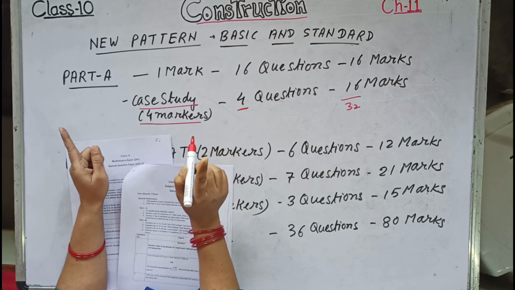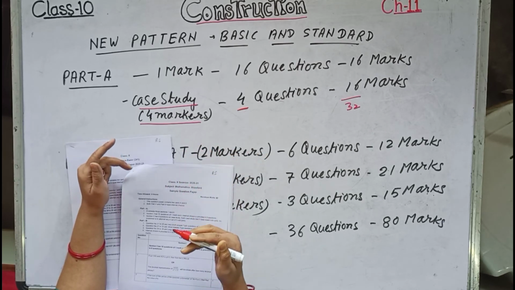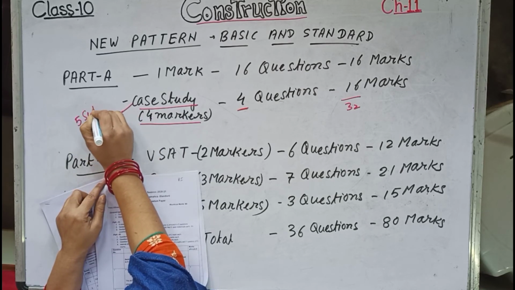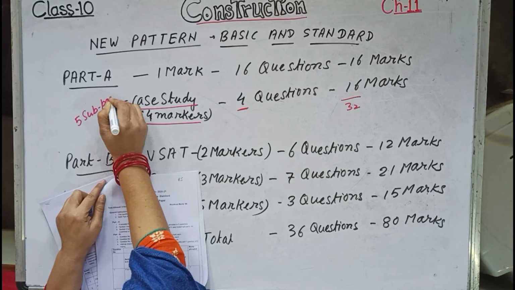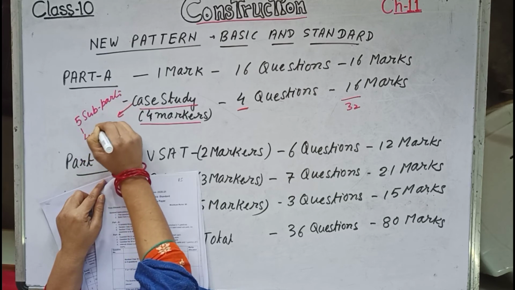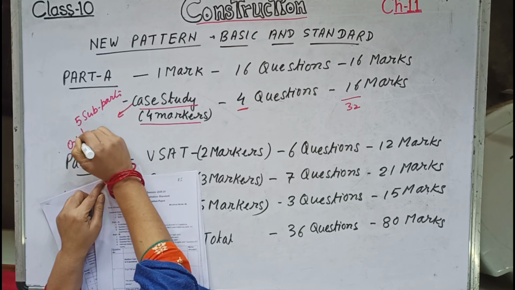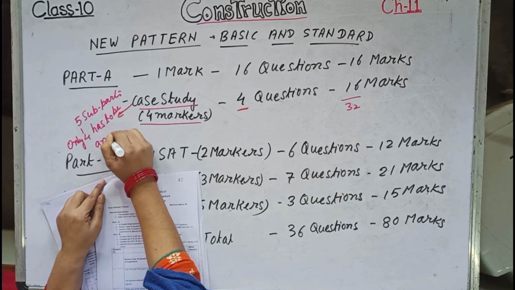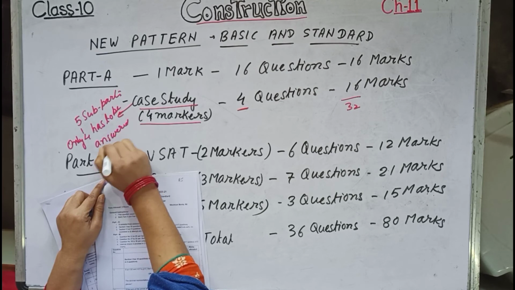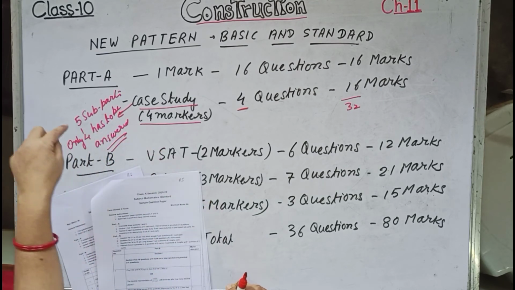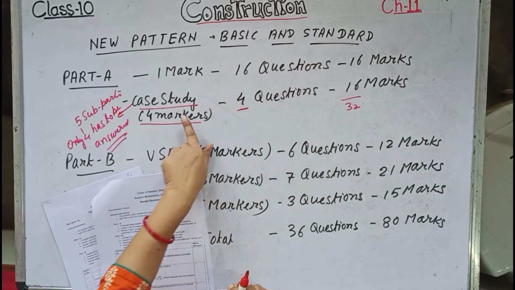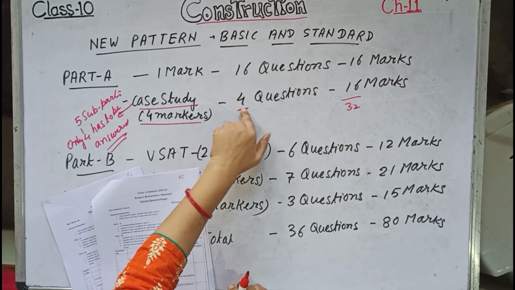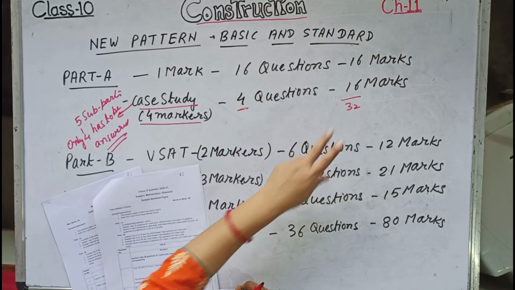Each of the 4 questions has 5 subparts, in which you have to answer only 4. So 4 fours are 16. 16 and 16, 32 marks over here.